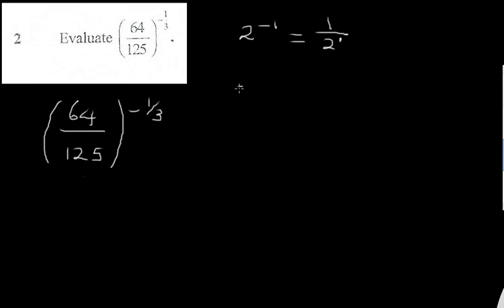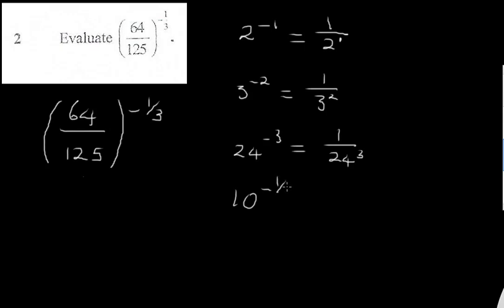If you have 3 raised to the power negative 2, this is simply the same as 1 over 3 squared. If you have 24 raised to the power negative 3, this is equal to 1 over 24 to the power 3. If you have 10 to the power negative 1 over 6, this is the same as 1 over 10 to the power 1 over 6.